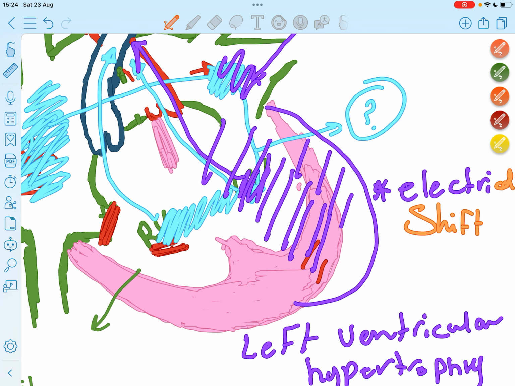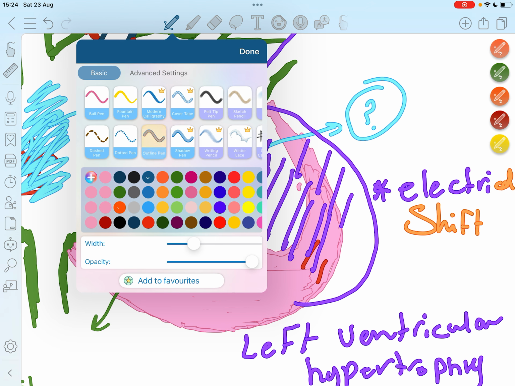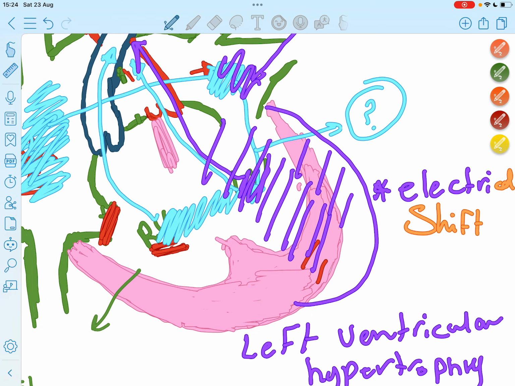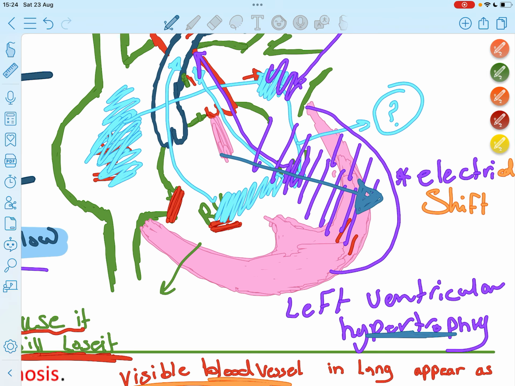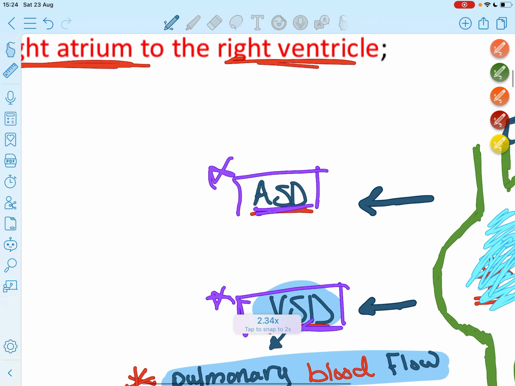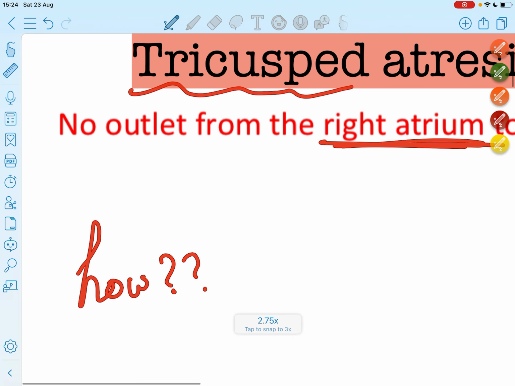So the overall electrical axis will shift more toward the left because of the hypertrophy. This is something special to tricuspid atresia.